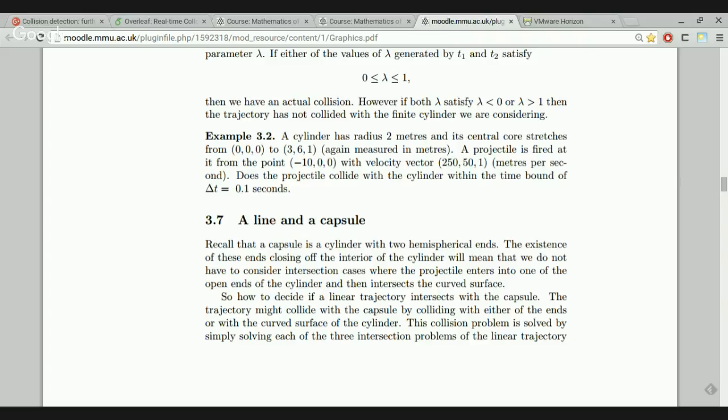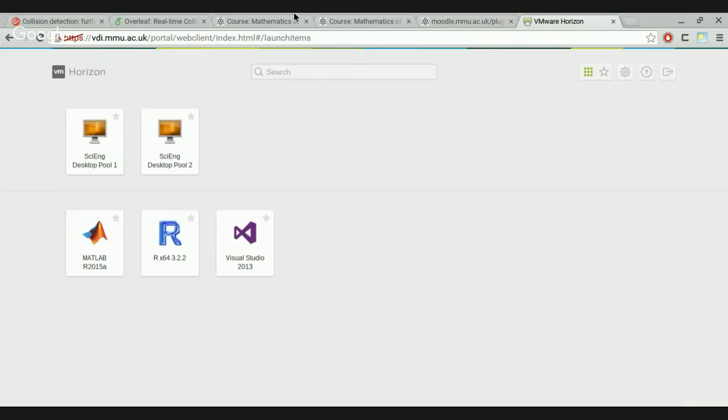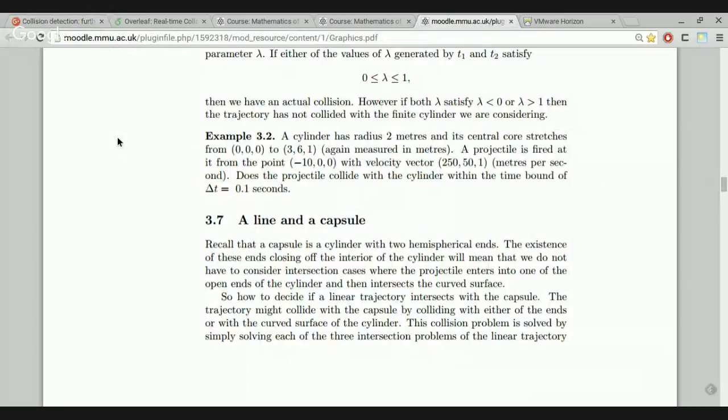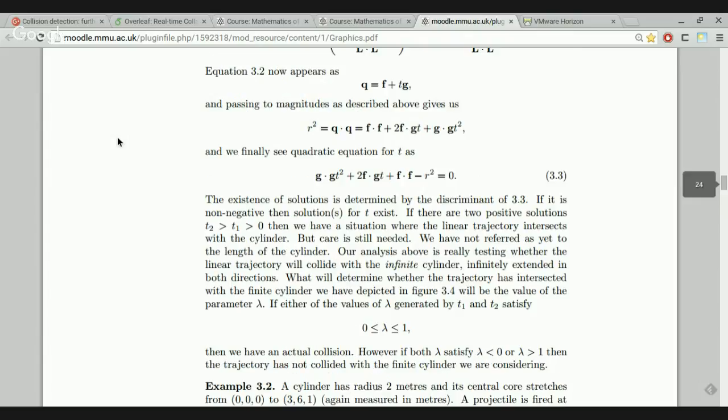So we did the long general analysis last week, so the solution is embodied in the quadratic. You just have to construct the quadratic.